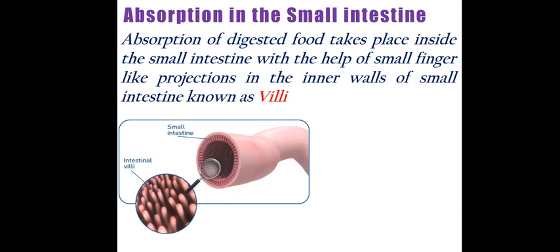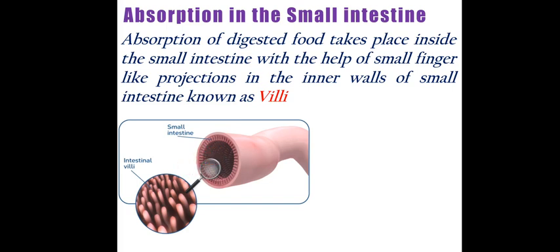So basically inside the intestine, small intestine, these villi are present in large number, and these are going to provide more surface area for the purpose of absorption of nutrients. So whatever nutrients are going to be released by the process of digestion will be absorbed inside this small intestine with the help of these villi, finger like projection present inside the intestinal wall.